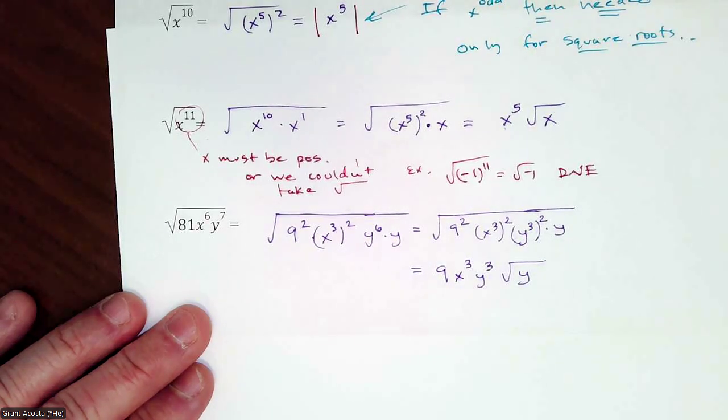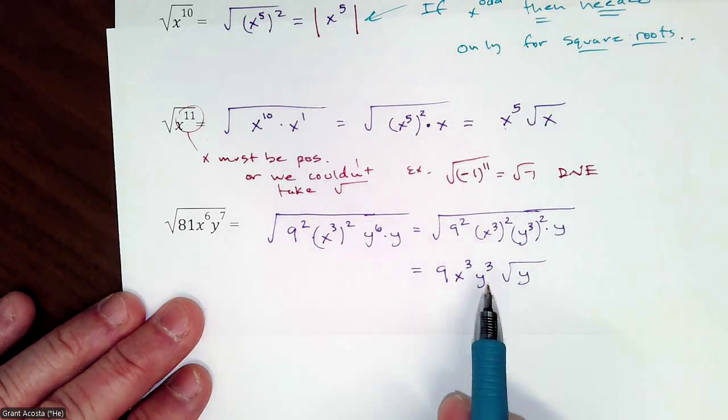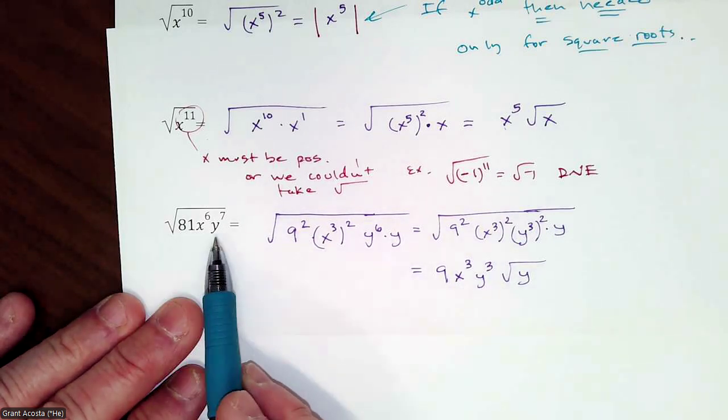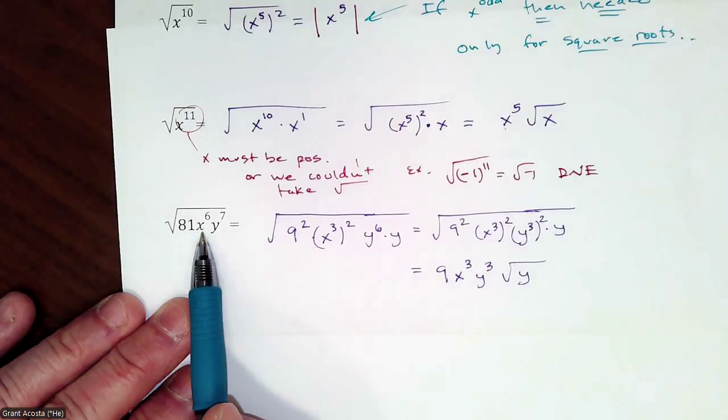Now let's talk about absolute value. I know this is a little bit tricky, but it's good to think about this as you move forward in math. Ask yourself, if x or y was negative in here, would it come out negative here? In other words, do I need absolute value? Hopefully you can see yes for the x.